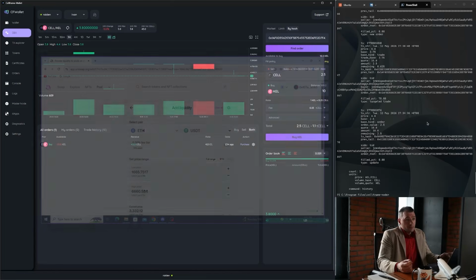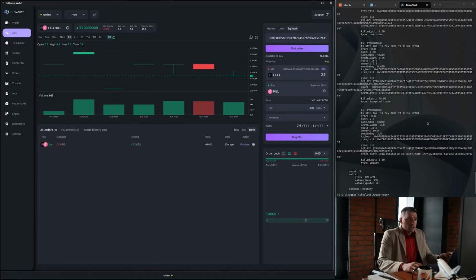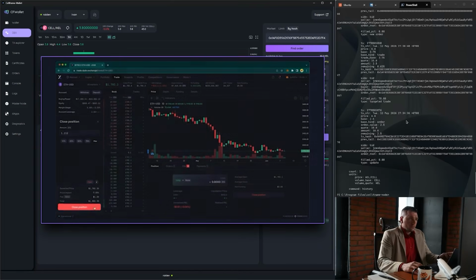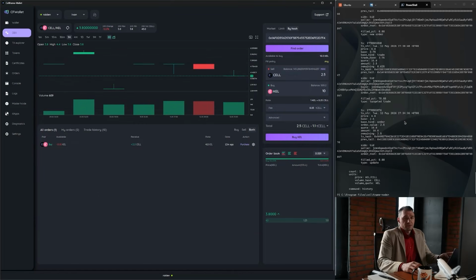And Cellframe DEX is not pool-based. It uses explicit bids and asks. Cellframe is closer to other order book systems like dYdX, Injective, or 0x. But they use different settlement pipelines, maybe off-chain quotes or specialized subchains.